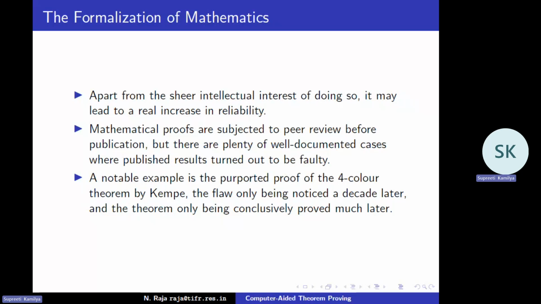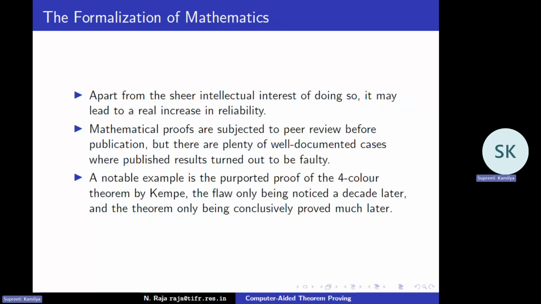So apart from treating it as some kind of intellectual hobby, there is a real increase in reliability. For example, mathematical proofs are subjected to peer review before publication. But there are plenty of well-documented cases where results have turned out to be faulty later on. A notable example was the first early proof of the four-color theorem.